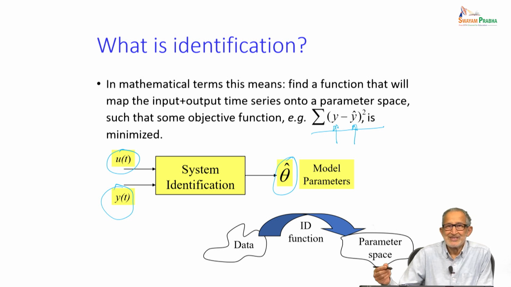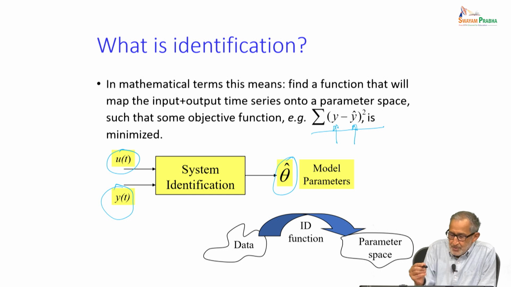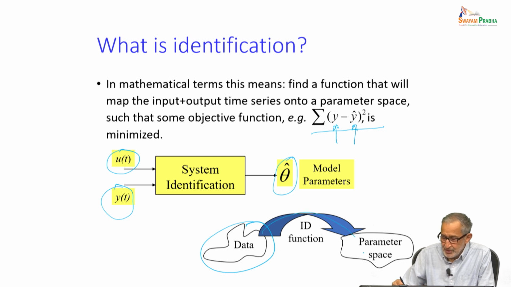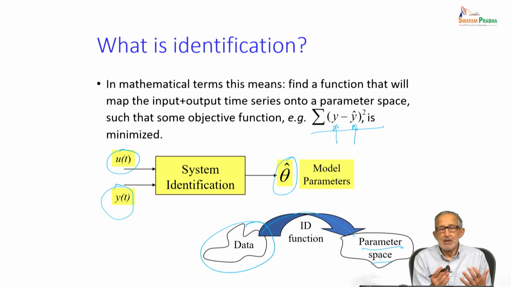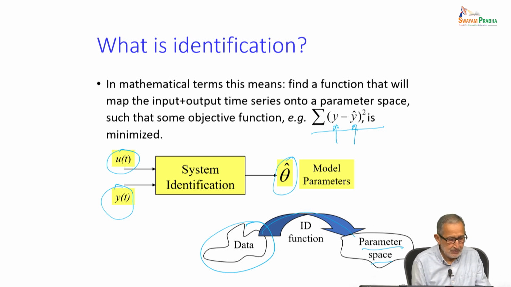This is known as the least squares identification procedure. So mathematically the idea is, can we map this data using some ID function into parameters that will very likely fit the process curves.